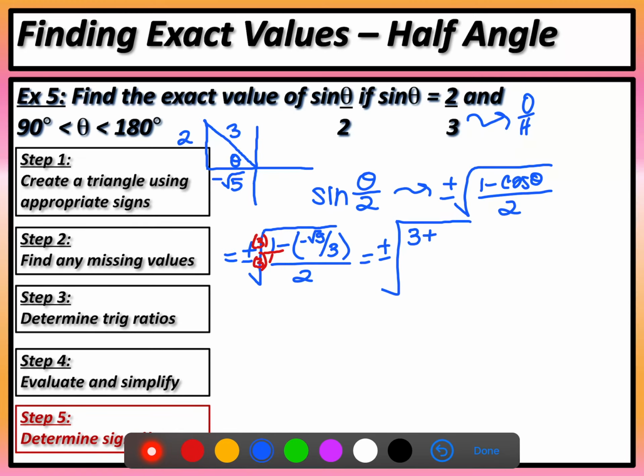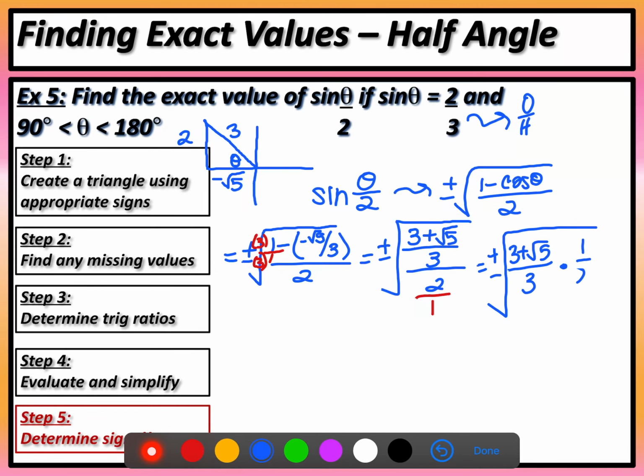Minus the negative, this becomes plus. Okay, and now I'm going to end up multiplying by the reciprocal of the denominator. So it's going to be times 1/2. It's always going to be times 1/2 for these.